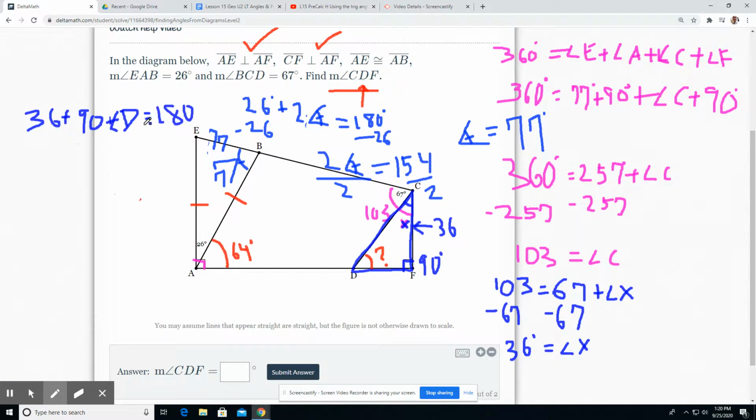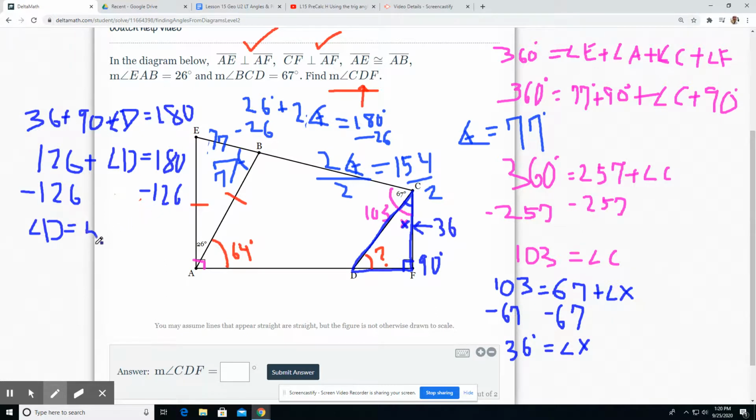Almost there. 36 plus 90 is 126 plus angle D equals 180, minus 126. Angle D is equal to 54.